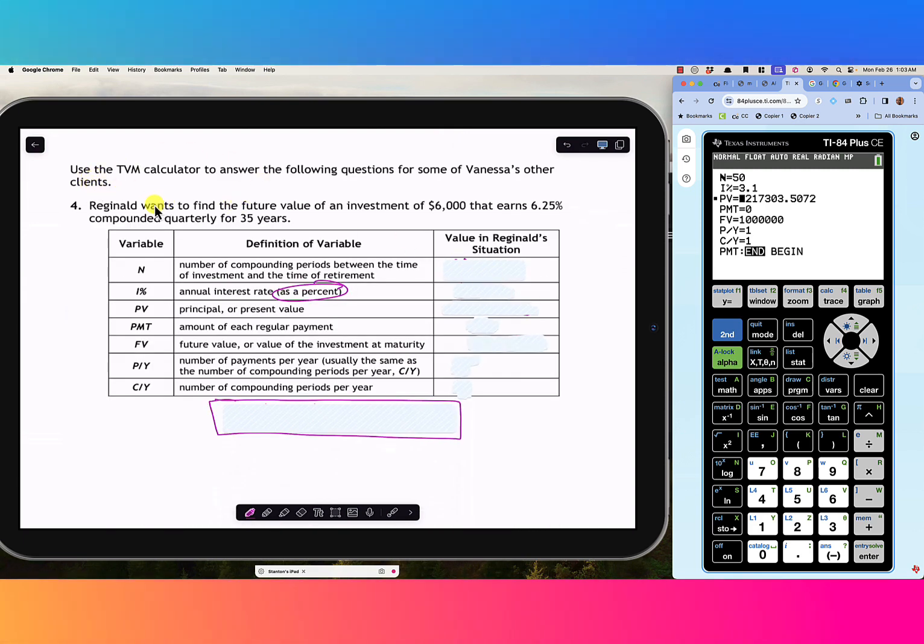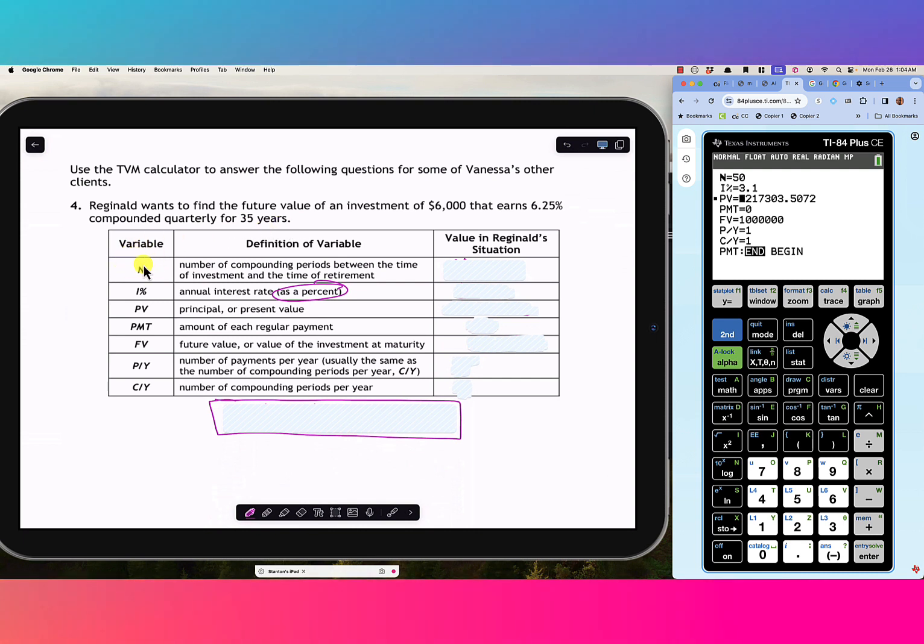Okay, continuing with number 4, use the TVM calculator to answer the following questions for some of Vanessa's other clients. Number 4, Reginald wants to find the future value of an investment of $6,000 that earns 6.25% compounded quarterly for 35 years.